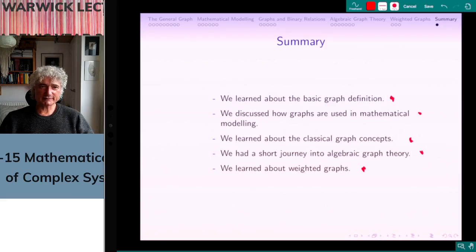You should always be suspicious if you find unweighted graphs in applications. For graph theory, it's a mathematical object, and unweighted graphs are fine, but for applications it's hard to see why additional information should not go into the graph description, into the structural description. So you will nearly always encounter weighted graphs.